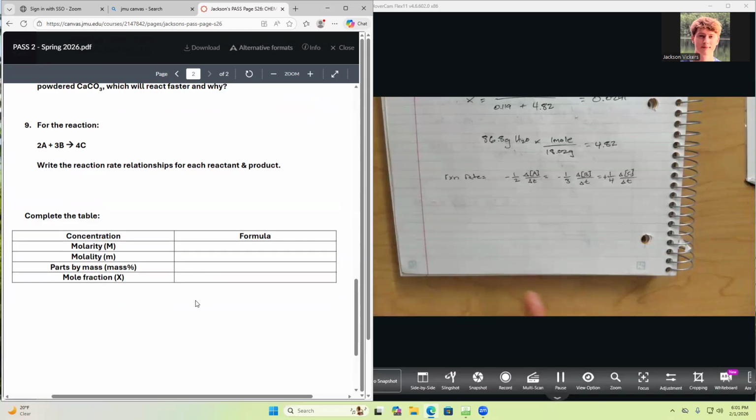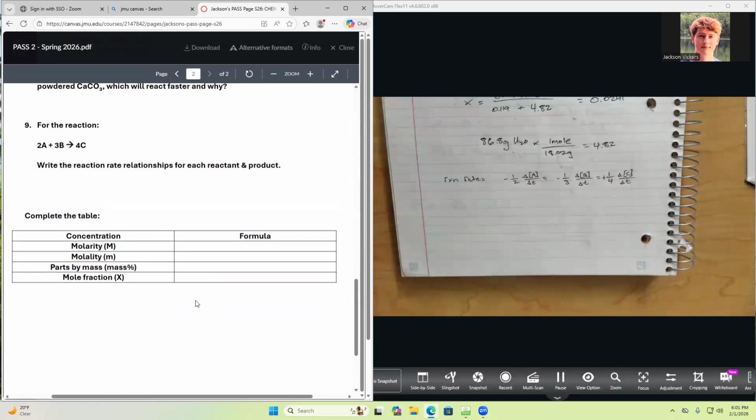So molarity, someone want to say what the units are for molarity? And be specific. Moles of solute? It's important because you could be asked that, and if you think only moles over liters, you might miss one detail.